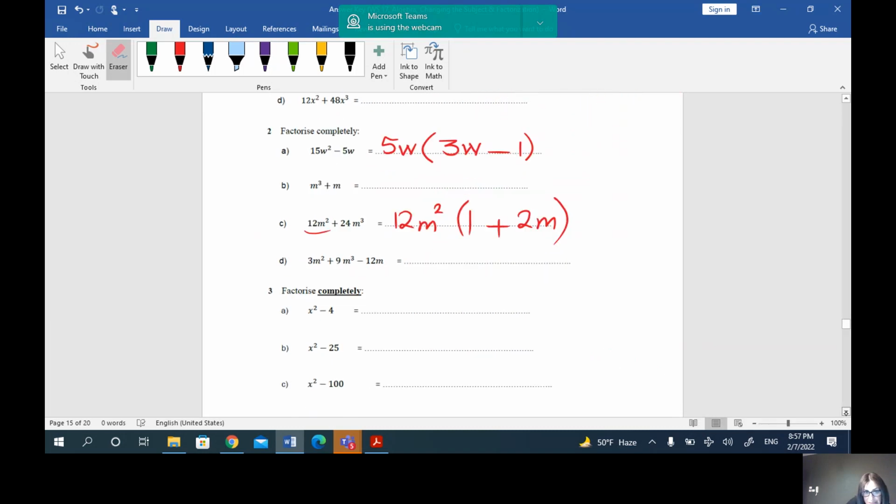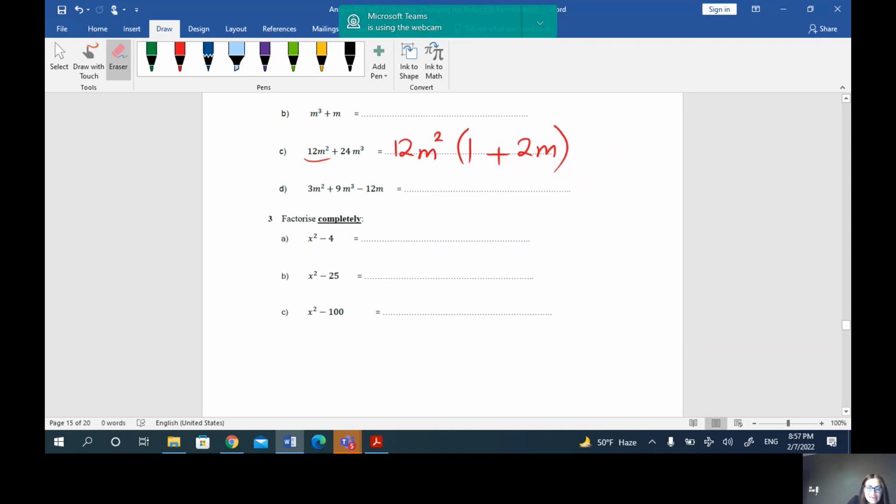Okay, let's move to the next. Now, as you see here, x squared minus 4. So x squared and 4 are squared numbers. And we have the minus in the middle.